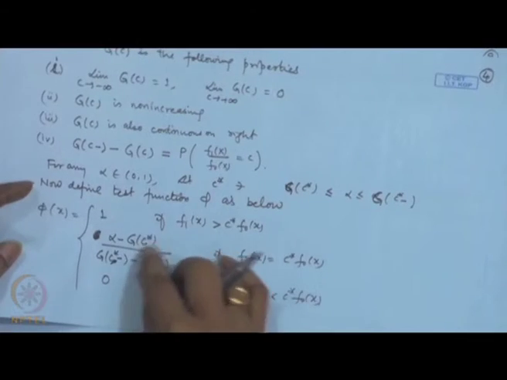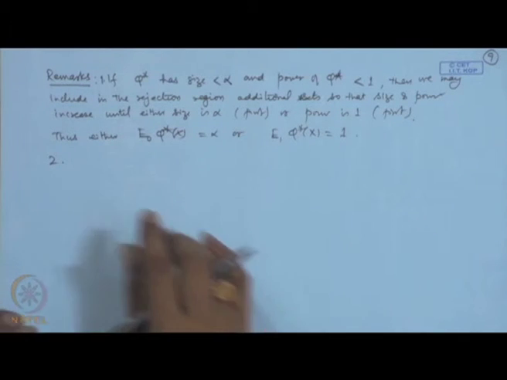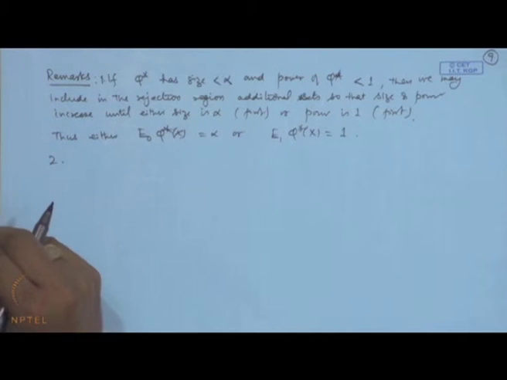On the set where f 1 is equal to k times f naught, there is a chance of shifting because of the value that we are having there, because the C star may not be chosen uniquely, and therefore, we can define it arbitrarily.